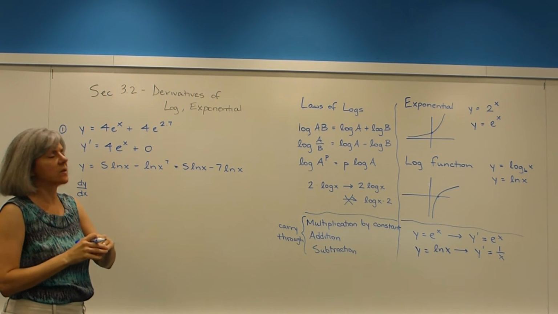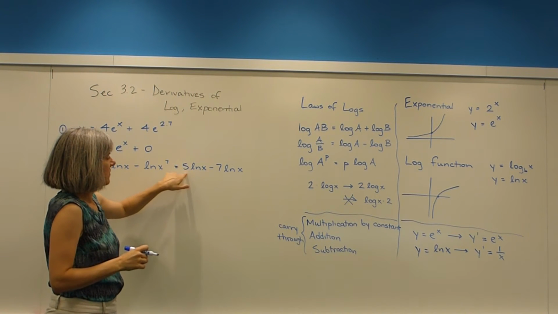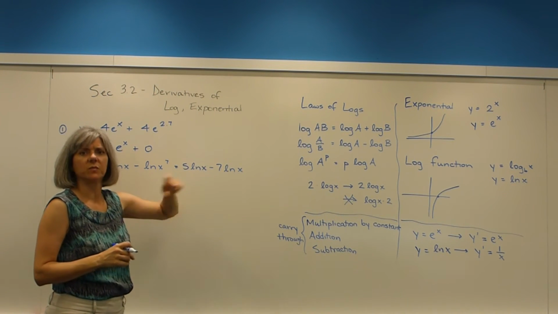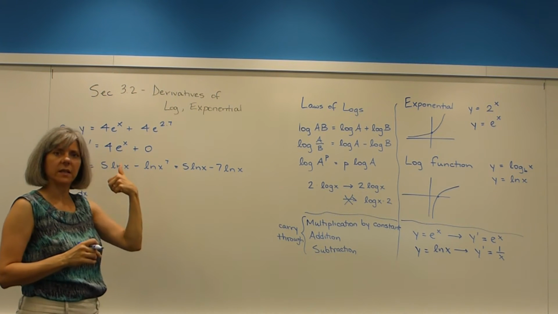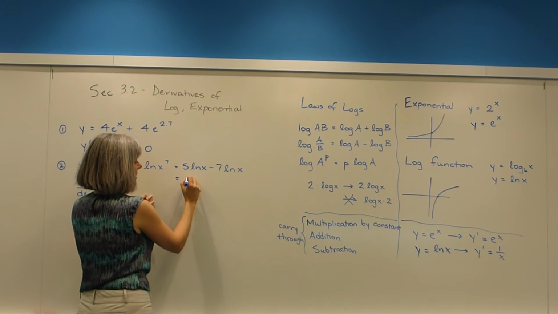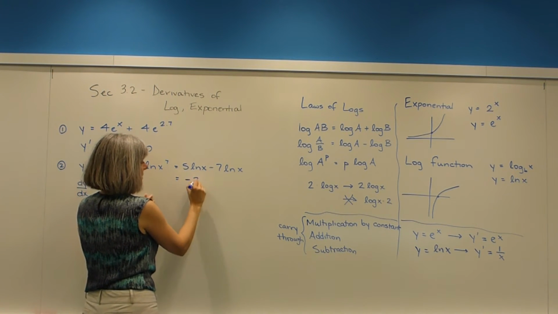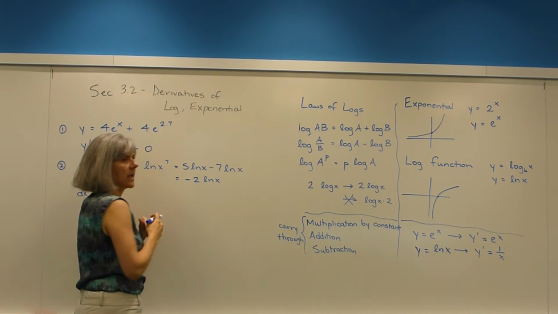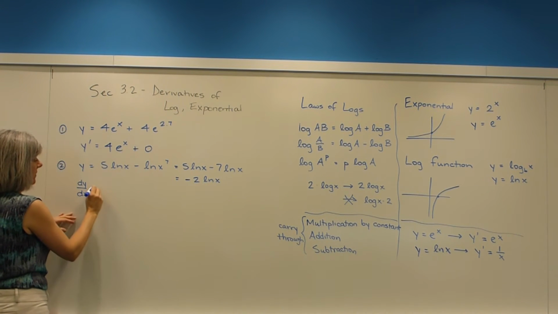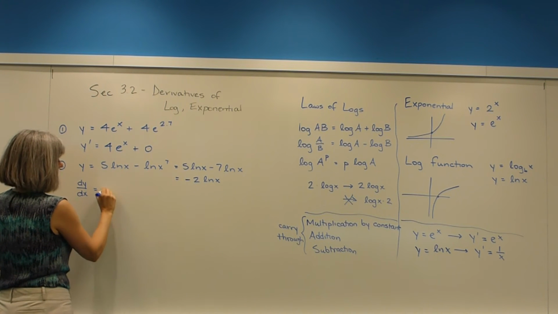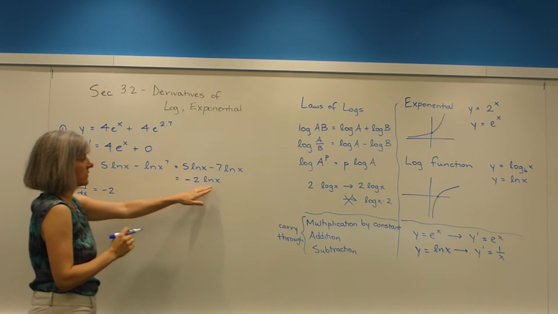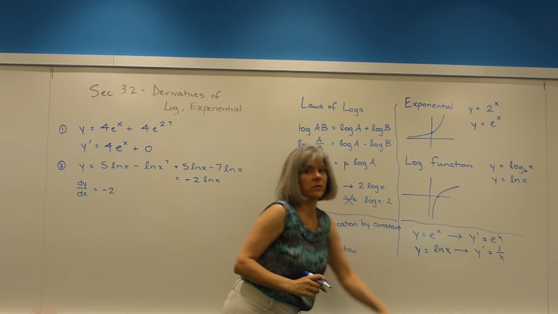Or, and sometimes this happens with logs, I have 5 ln x's minus 7 more ln x's. I can actually combine like terms. They are all ln x, so 5 minus 7, negative 2 ln x. So now I can take the derivative of that. Negative 2 carries through. Derivative of ln x is 1 over x.